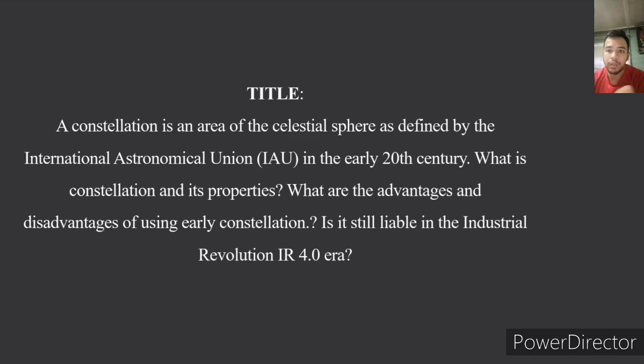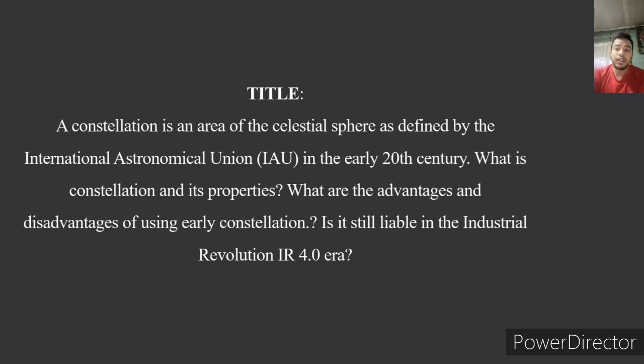And today I will explain about my topic for my PBL. The title is: a constellation is an area of the celestial sphere as defined by the International Astronomical Union (IAU) in the early 20th century.